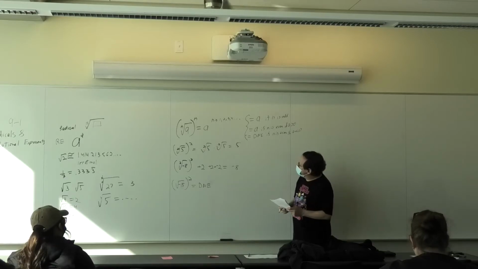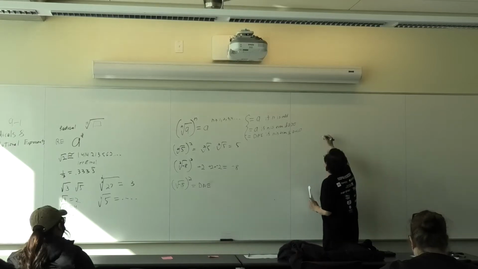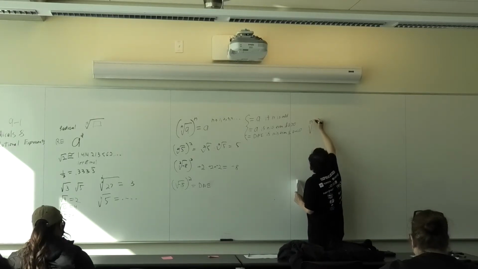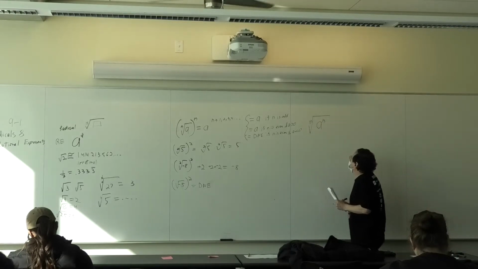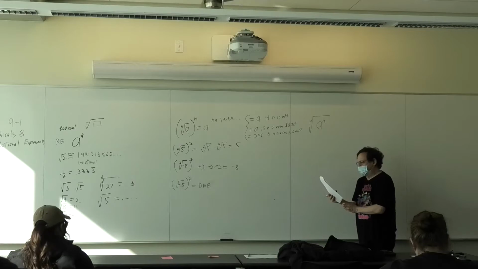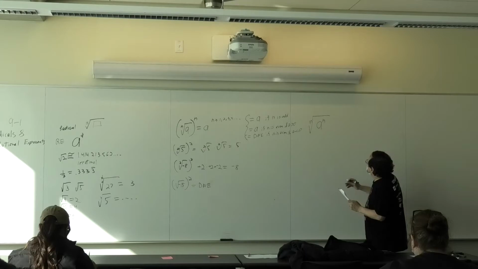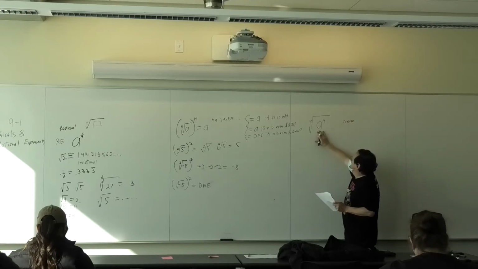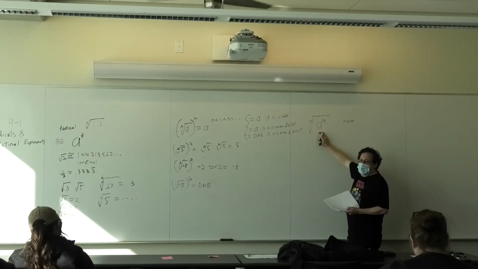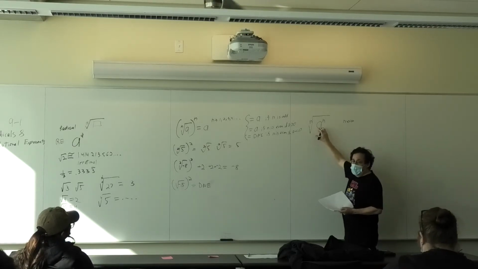Now, having looked at this, I want to reverse it. What's the nth root of a to the n? This is a little different. If n is even, well, if I have a negative number here, it's going to become a positive number.